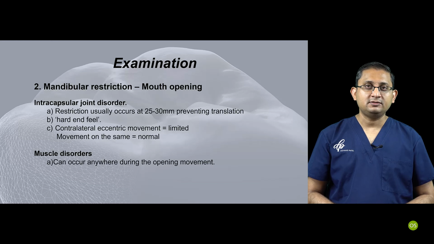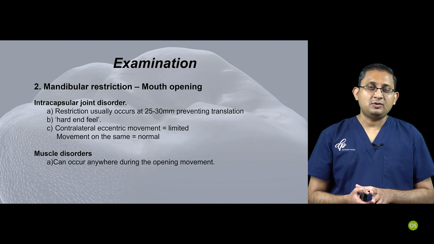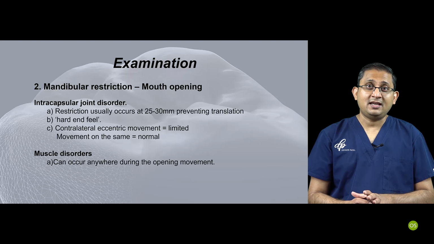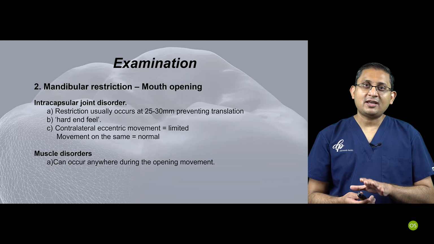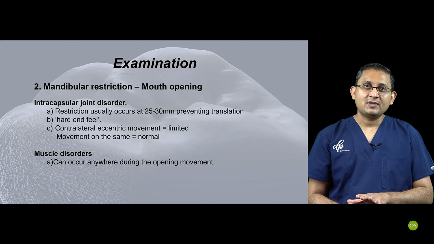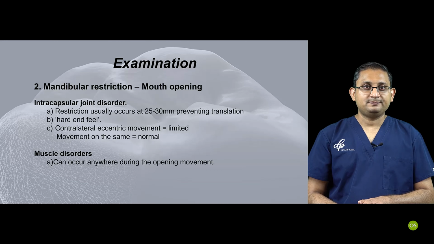However, with the muscles, the pain can occur anywhere during the opening movements. The mouth opening can be restricted to 15 millimeter. So usually a good way to indicate is if the patient can only open up to 15 millimeter, most likely it's a muscle pain.